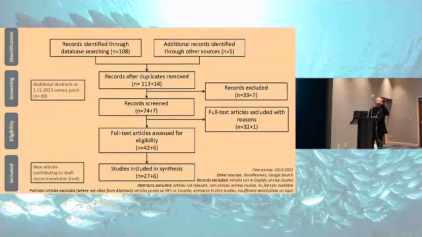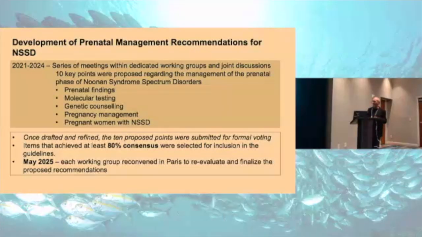We started from more than 100 records, and after excluding all papers that were not related, functional studies, animal studies, studies on Costello syndrome or NF1 that have their own guidelines, we remained with 33 papers. After a series of meetings, we proposed 10 key points, including prenatal findings, molecular testing, genetic counseling, pregnancy management, and pregnant women with Noonan syndrome spectrum disorders.